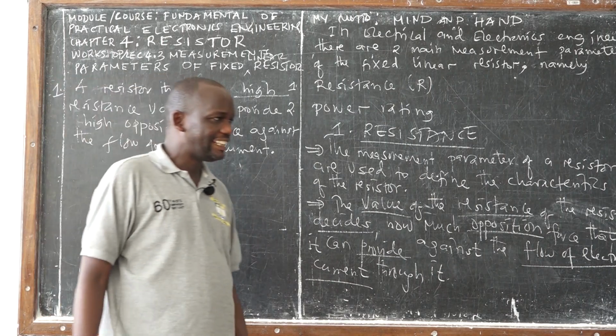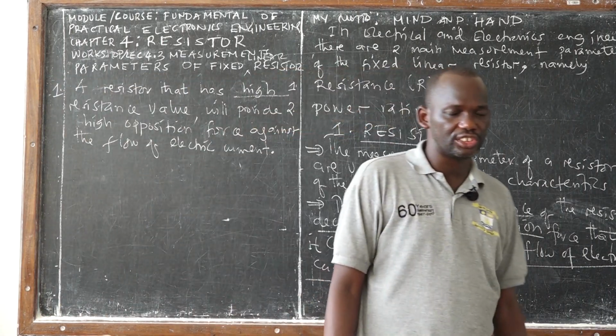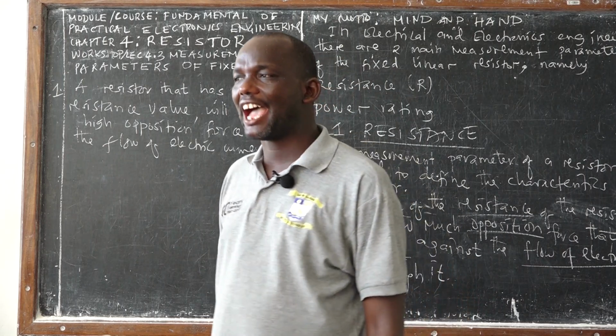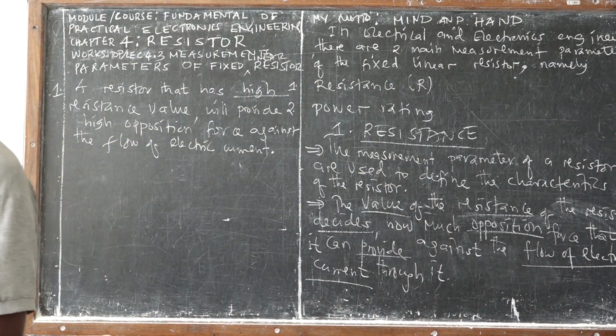So this is number one. A resistor that has a high value of resistance will provide high opposition force against the flow of what? Of current.